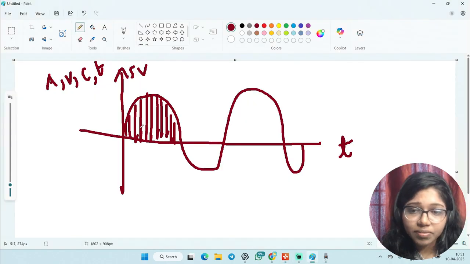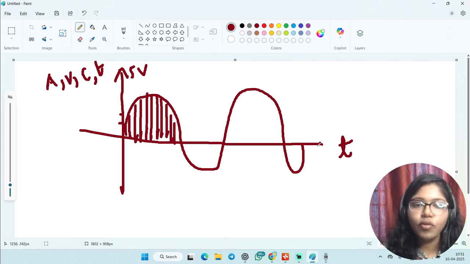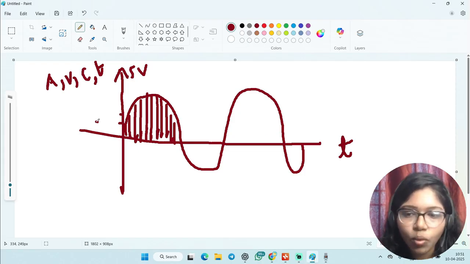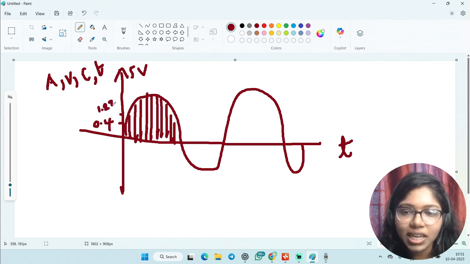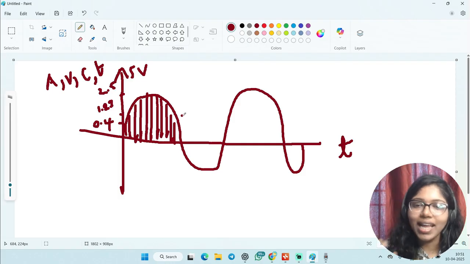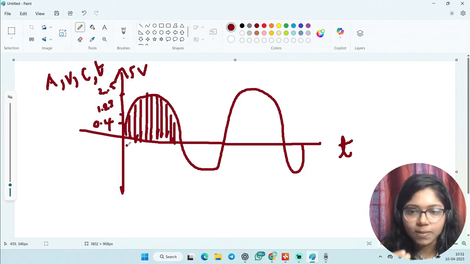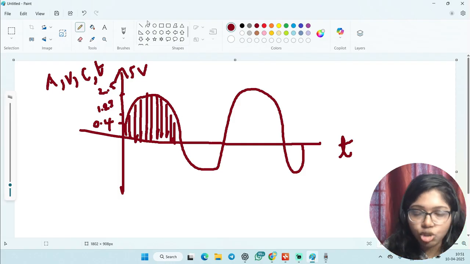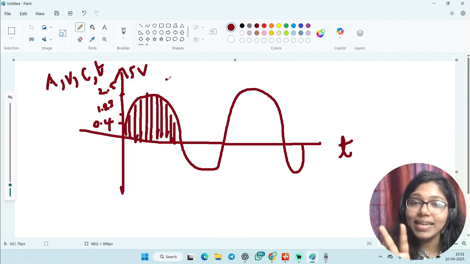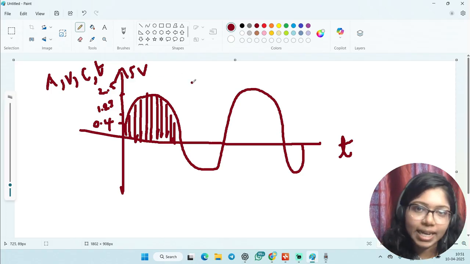After that, you will definitely have some value here, right? For this specific time you get some voltage value, like 0.4, 1.23, 2.5, 3.3. That kind of value you get for the sampled data. That data is going to be quantized, which means rounding off the data.